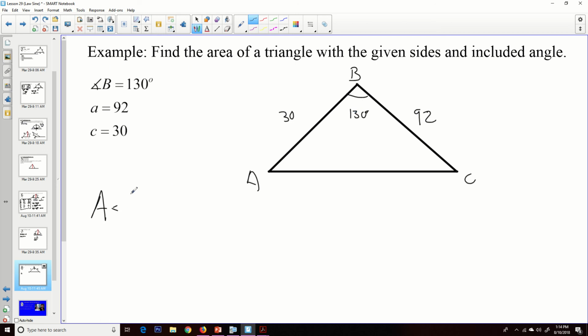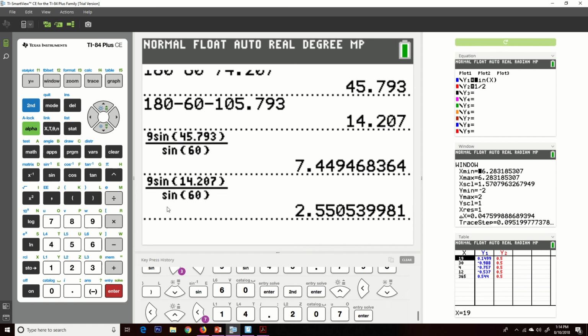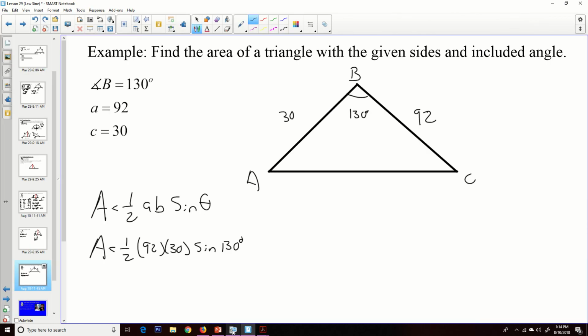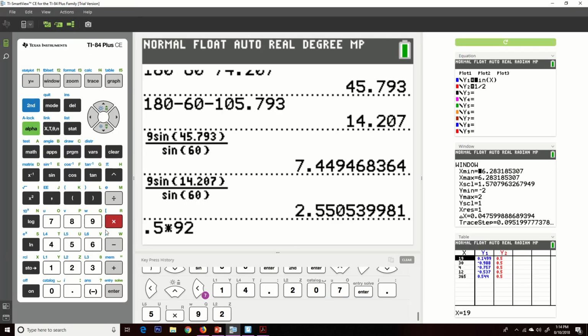If I go A equals 1/2 ab sine theta, there's my theta, there's my two included sides. A equals 1/2 times 92 times 30 times the sine of 130 degrees, and we'll just go to the calculator. 0.5 times 92 times 30 times the sine of 130.